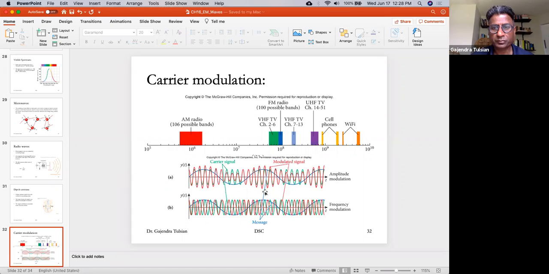Okay. So FM radio gets around that. AM radio broadcasts in around 1 megahertz. FM radio broadcasts around 100 megahertz. So the way FM radio gets around that is, again, here is the message that's being sent, the blue signal. The message is a combination of frequencies.